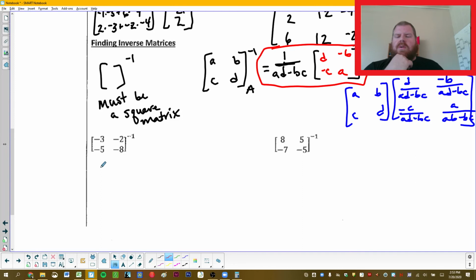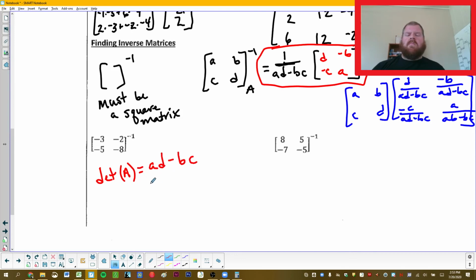So first thing I want to do is find the determinant. We're just labeling our matrix A. The determinant of A is, no, it's not 1 over, sorry. It's just A times D minus B times C.